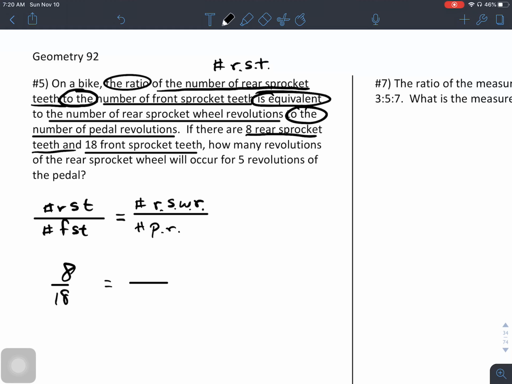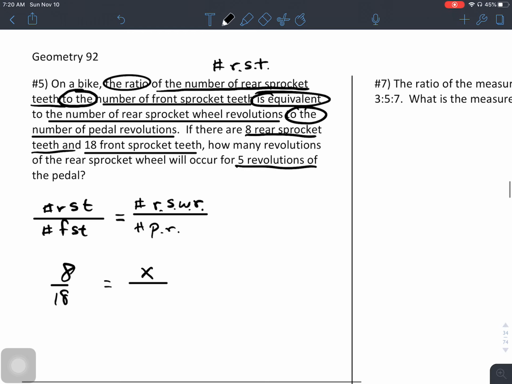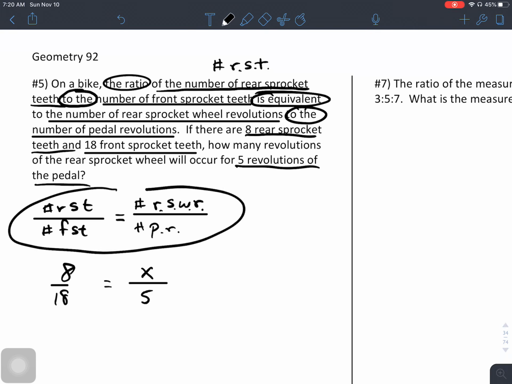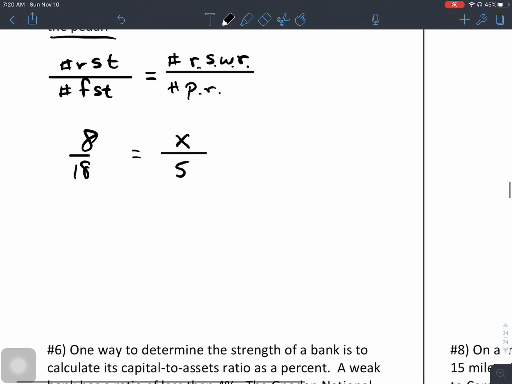How many revolutions of the rear sprocket wheel, variable, we don't know, will occur for 5 revolutions of the pedal? That goes right here. See, if you do your work here, where you just take your time and translate stuff into math, the problem does itself.